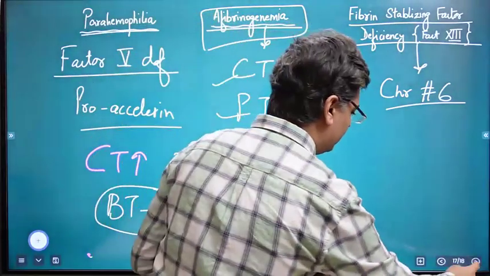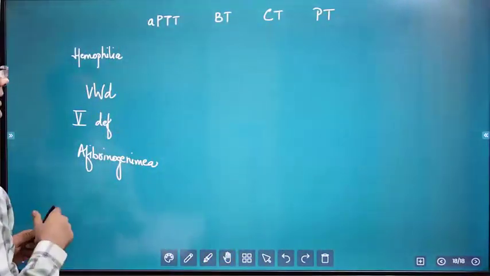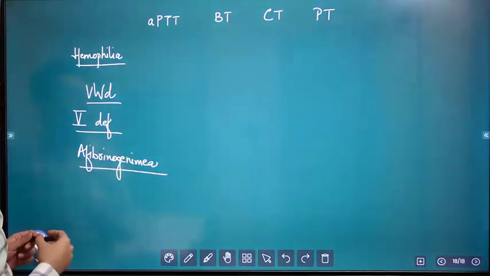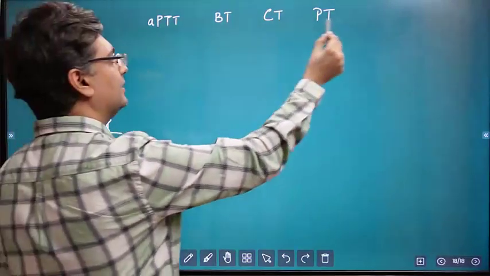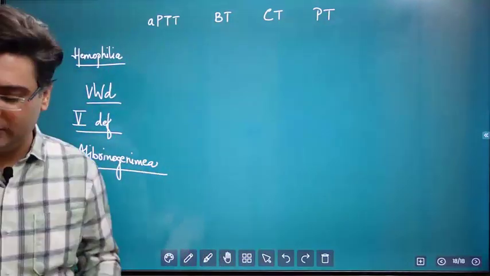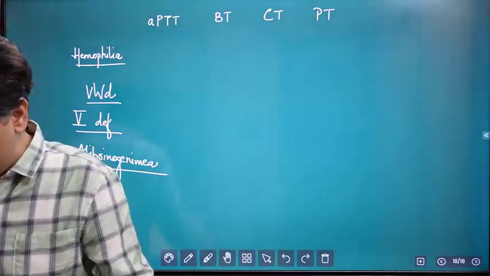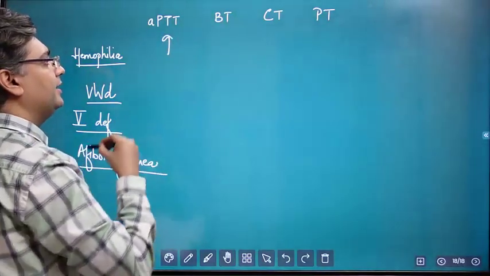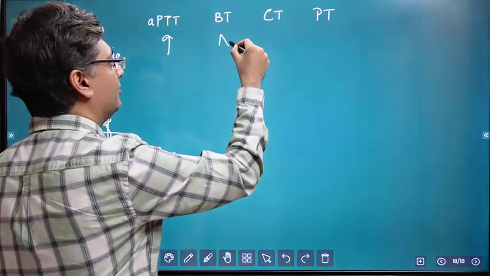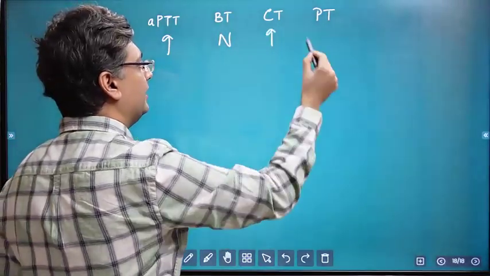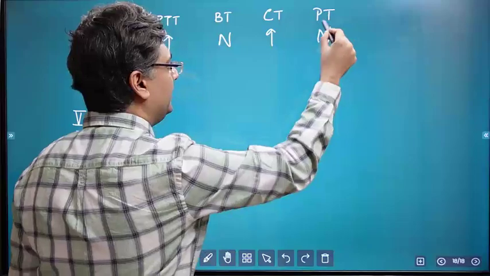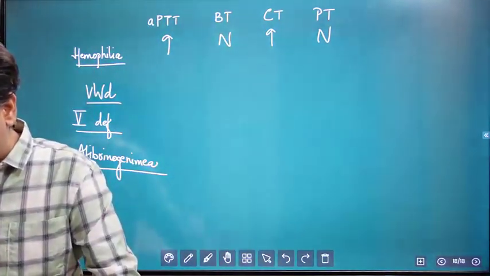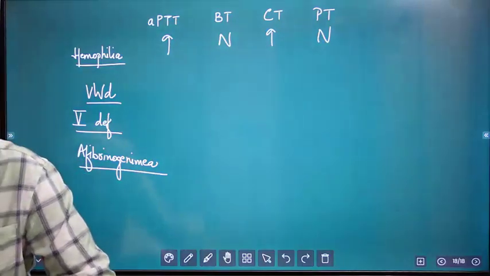Now a brief summary of the multiple times: we have hemophilia, von Willebrand disease, factor 5 deficiency and afibrinogenemia. We can take these times into consideration and quickly revise. In hemophilia, we will find the APTT elevated, bleeding time normal, clotting time elevated and PT normal.